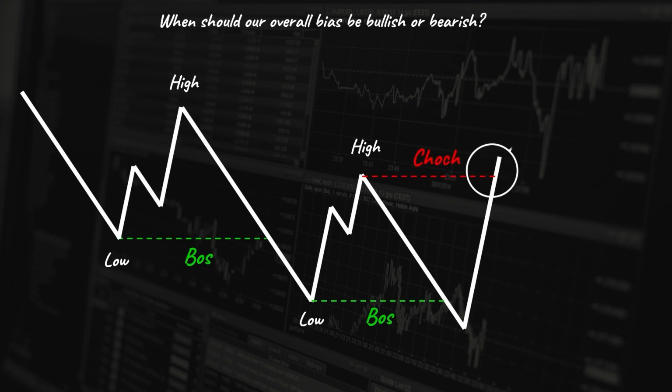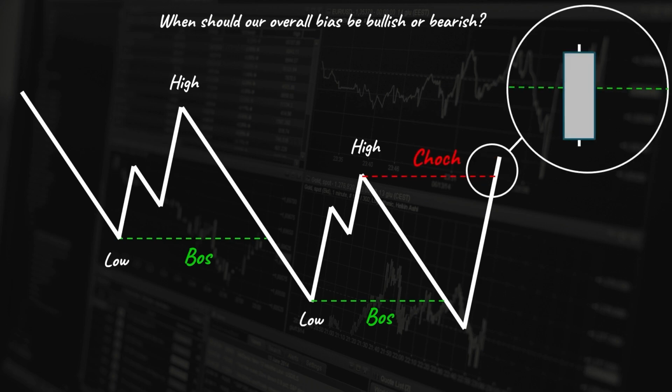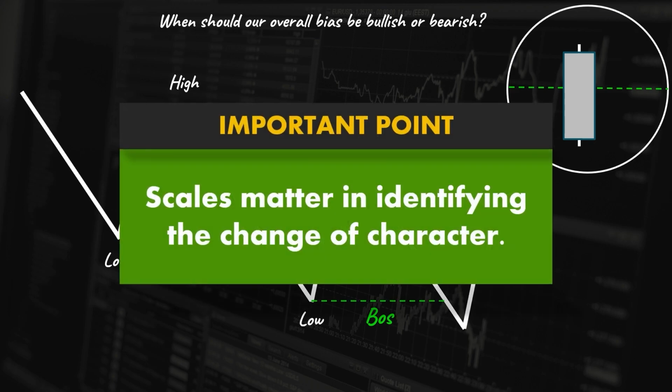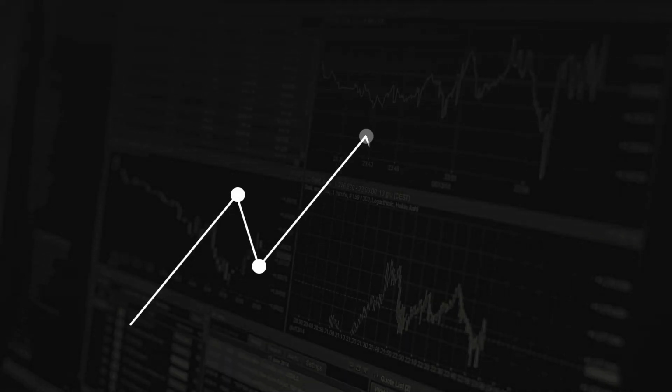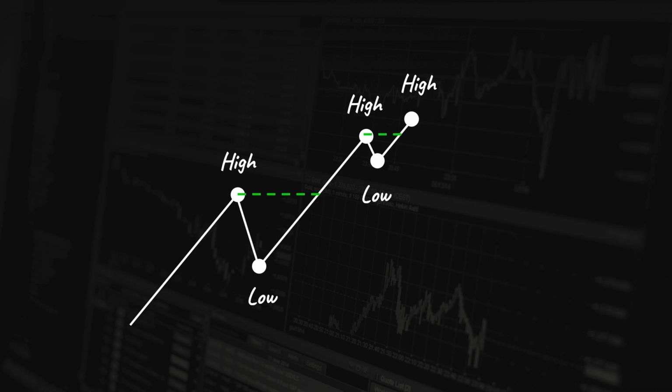A breakout occurs when a candlestick closes a visible amount through a level of market structure. So, first we must locate the sources to identify the reversal points. But here is an important point. Scales matter in identifying the change of character. For instance, here, both of these levels are considered a source because they have broken above the previous market structure.